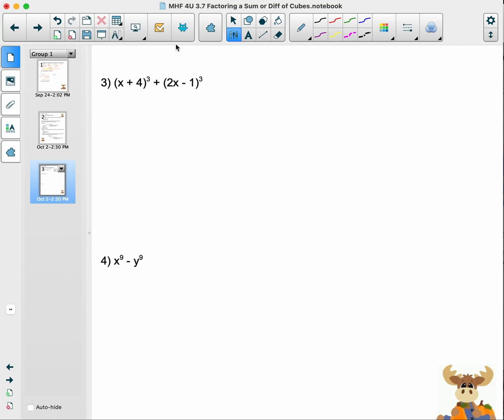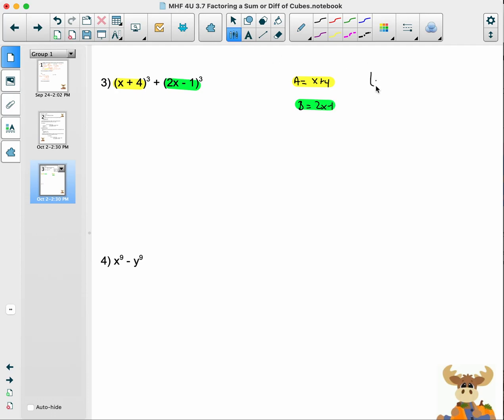So what you want to do here instead is go, okay, that's a sum of cubes. So I'm going to take that and this and let those be A and B. Okay, so A equals x plus 4 and B equals 2x minus 1.